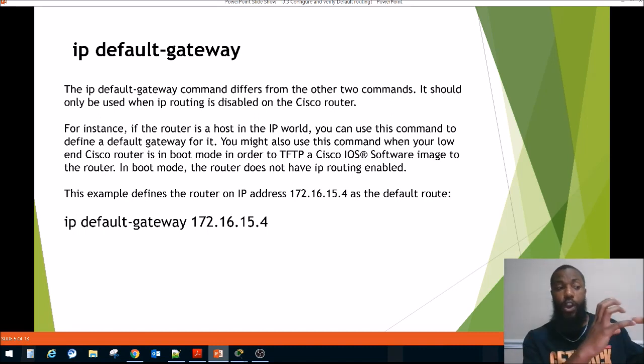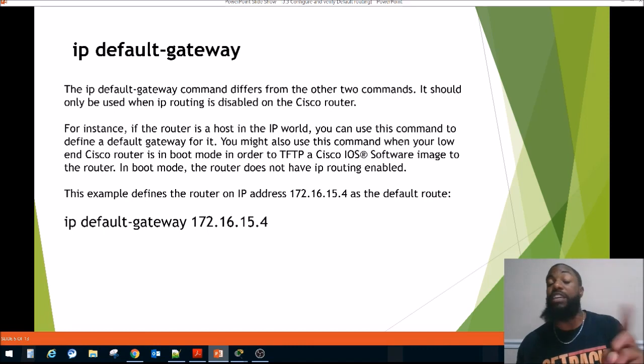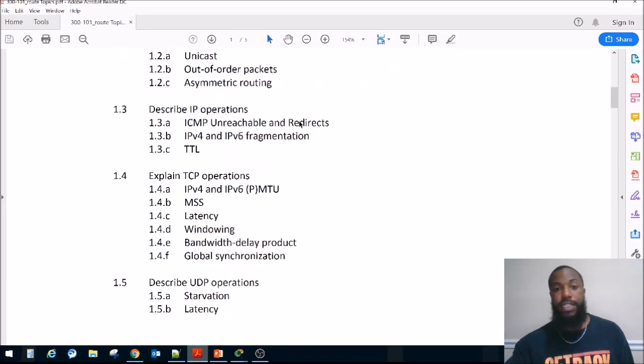We used one router as a host. We just wanted that router to be a host, so we didn't have it do any routing. I turned off routing on it, however I configured a default gateway by using this command. If you want to go back and reference it, it's in 1.3a, ICMP unreachables and redirects.